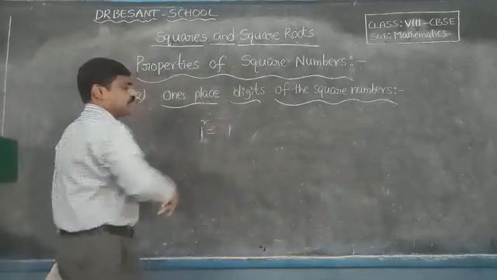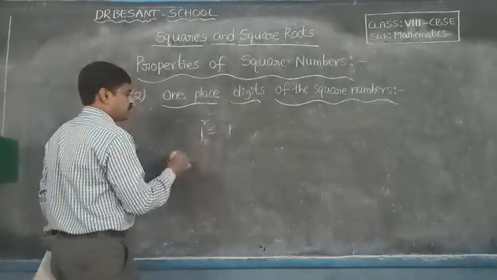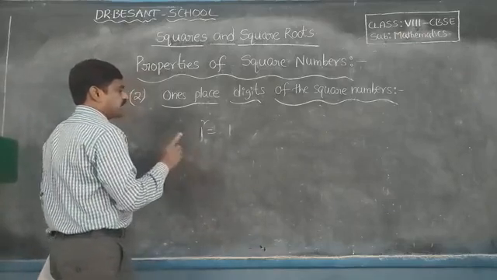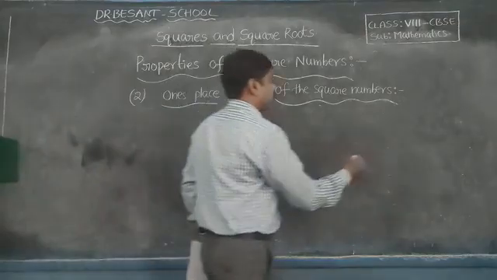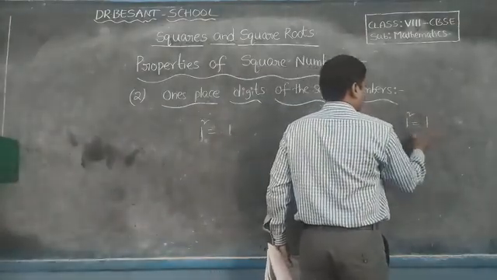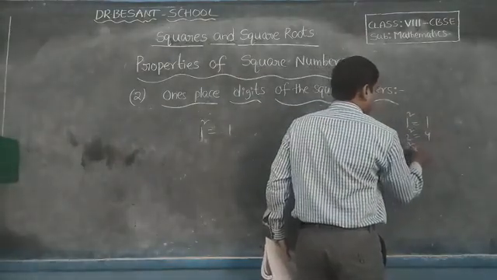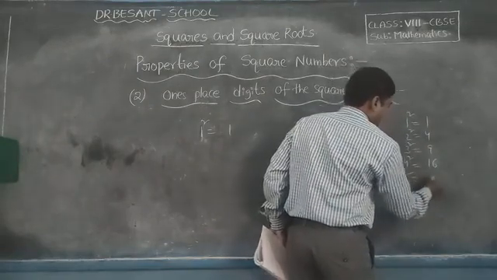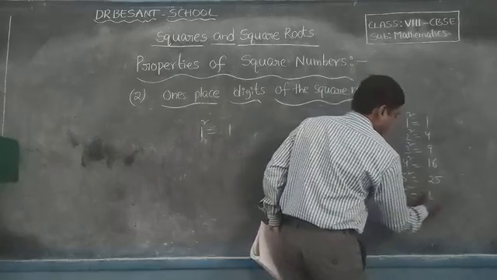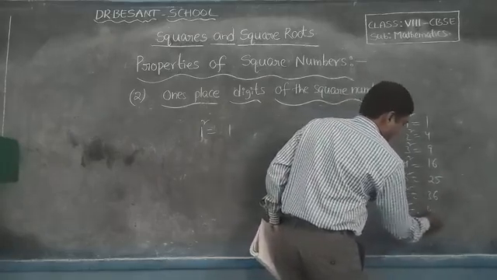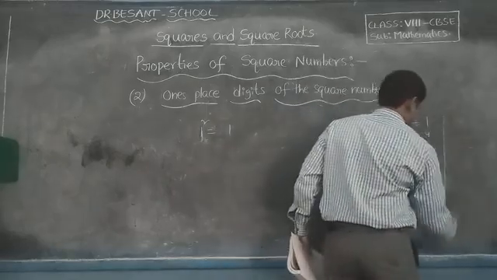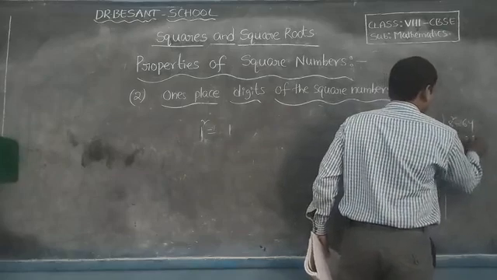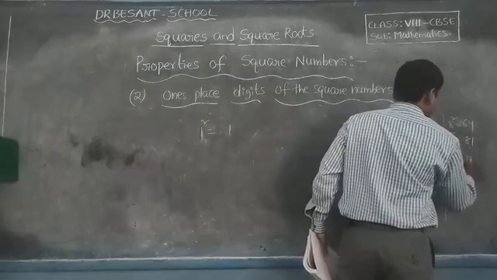So first of all, observe here. 1 square 1, 2 square 4, 3 square 9, 4 square 16, 5 square 25, 6 square 36, 7 square 49, 8 square 64, 9 square 81, 10 square 100.